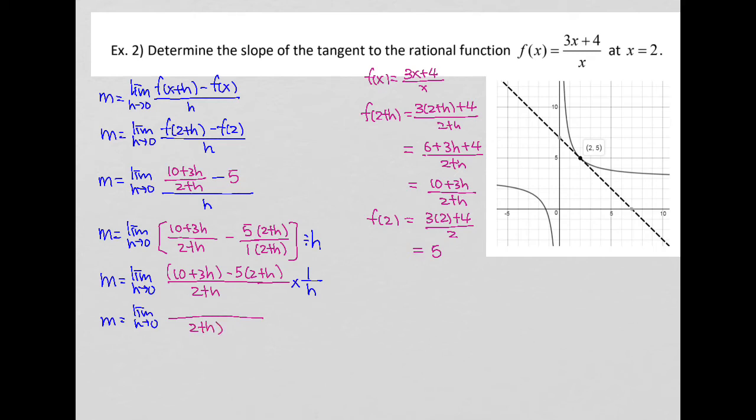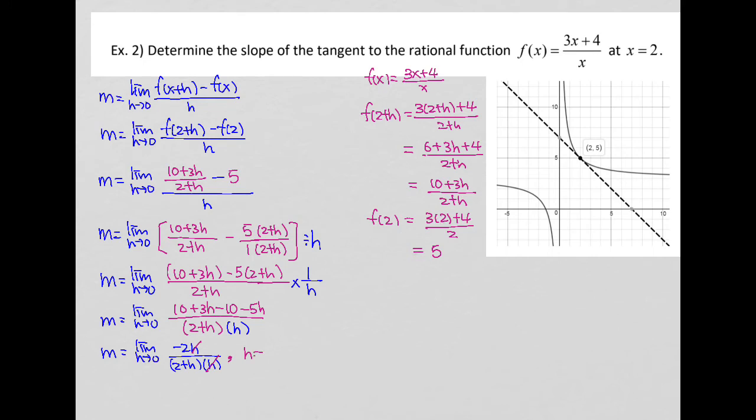The denominator is 2 plus h, and the numerator becomes 10 plus 3h minus 10 minus 5h. Times 1 over h becomes times h in the denominator. As you can see, numerator and denominator both have a factor h, so we can divide by h.